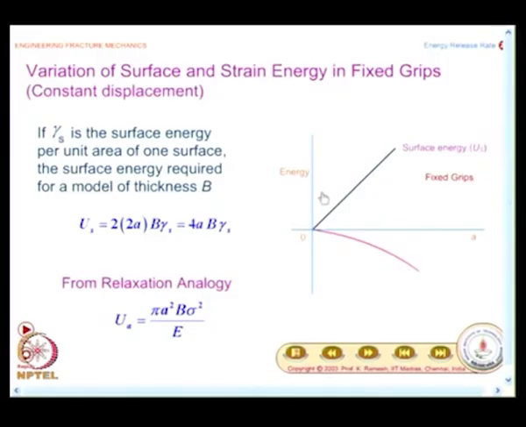Please note that this is only a schematic, it is not drawn with actual values, it is only a schematic to illustrate the nature of the surface energy, the nature of the strain energy. Suppose I find out what is the total, that would change in this fashion, the slope would become 0 at a particular point.